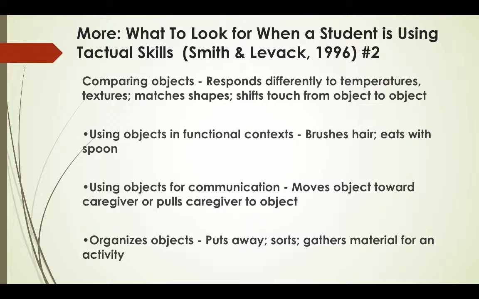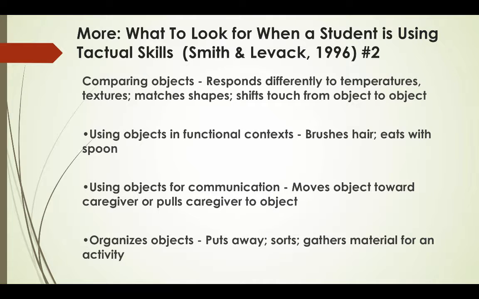They may use objects in functional contexts, such as brushing their hair or eating with a spoon, or use objects for communication, moving an object toward the caregiver or pulling the caregiver to an object. They organize objects, put away, sort, and gather material for an activity. These are all tactile skills, where they are using their hands and are not primarily using vision or their auditory sense.